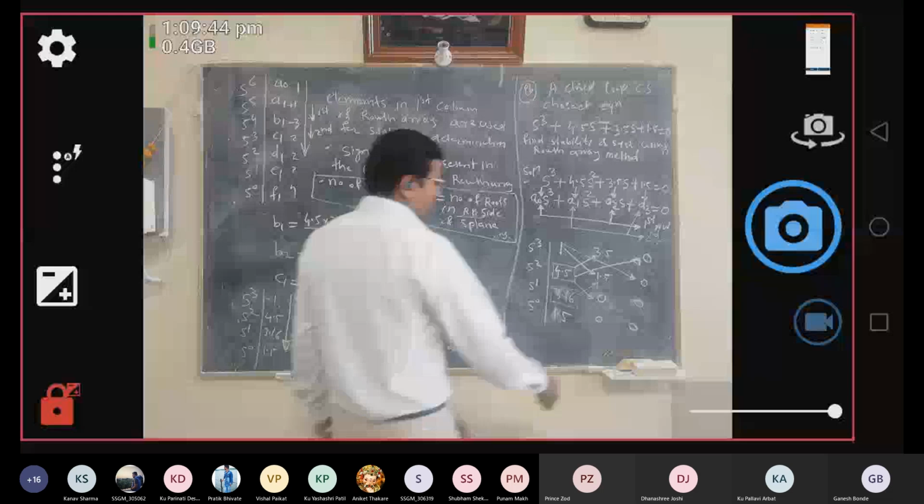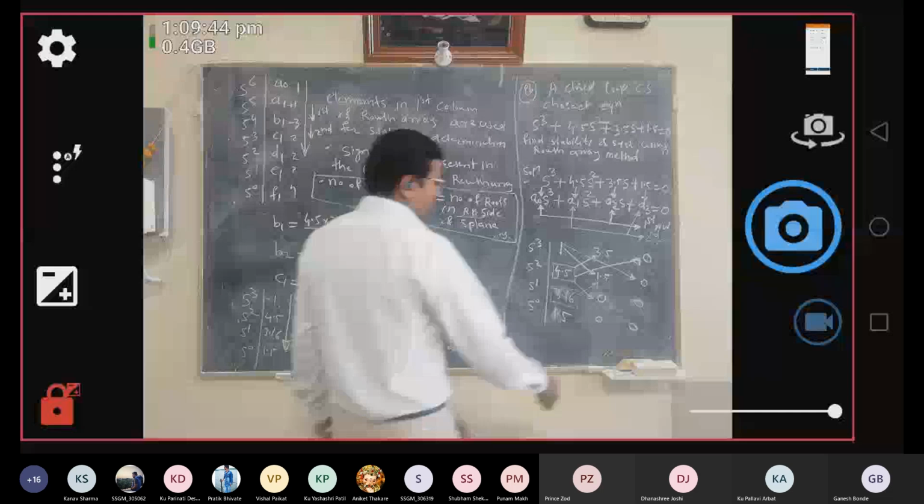So first of all, write down the characteristic equation. Here Q of S equals S raised to 5 plus 1.5 S raised to 4 plus 2S cube plus 4S square plus 5S plus 10, which is equal to 0.